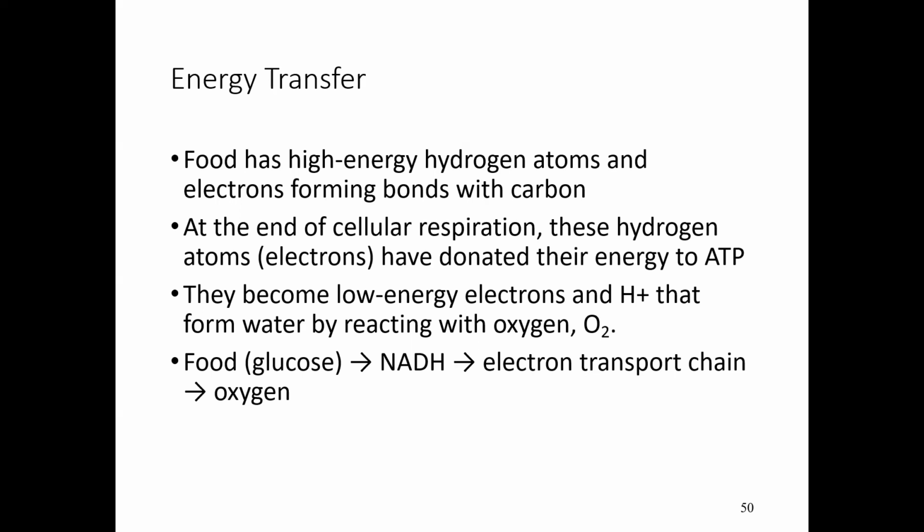Let's use the NAD+, for example, to slow the oxidation of glucose down. It isn't like burning wood in a fire pit. We want it to be a little bit slower here. So we use our NAD+. We don't get to the use of oxygen until we get to the electron transport chain.